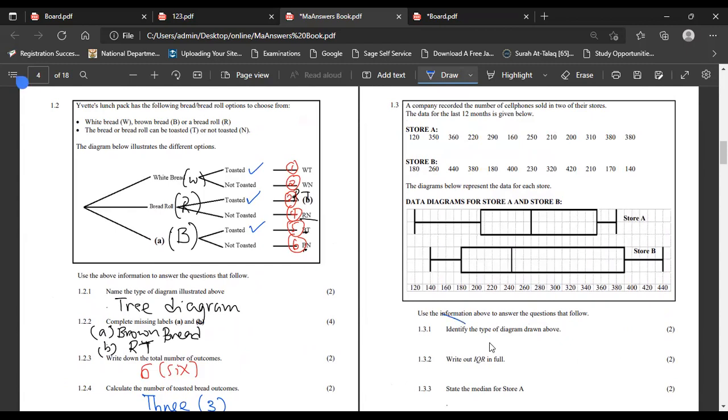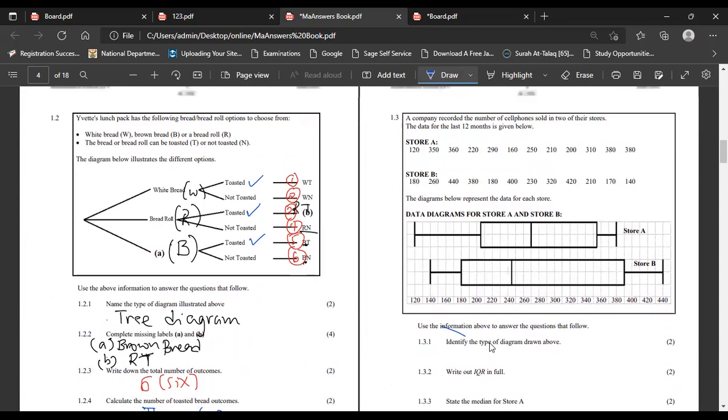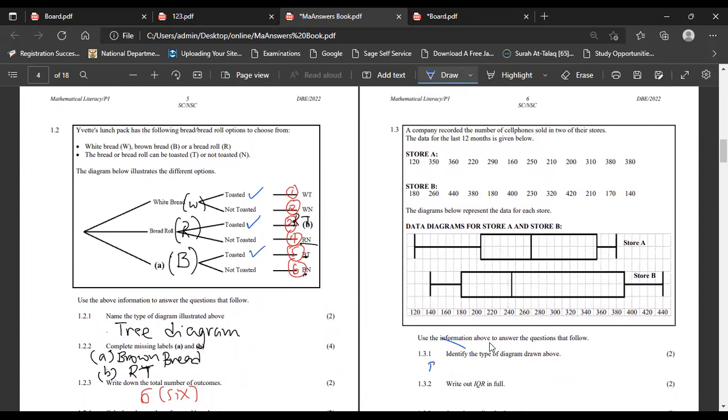The diagrams that we have up here, we call them the box and whiskers. What I want you to remember is that we shall not be asked to find the mean or mode using the box and whiskers. The moment we see box and whiskers, we need to know the median, range, interquartile range.